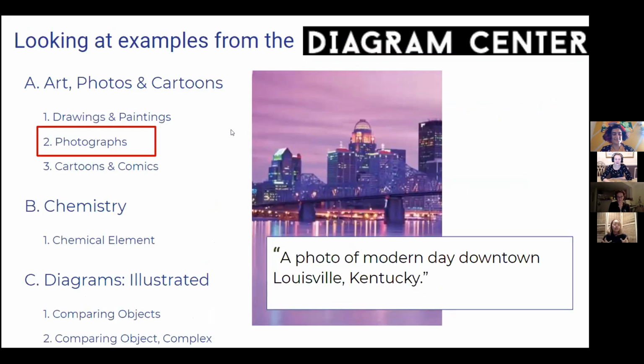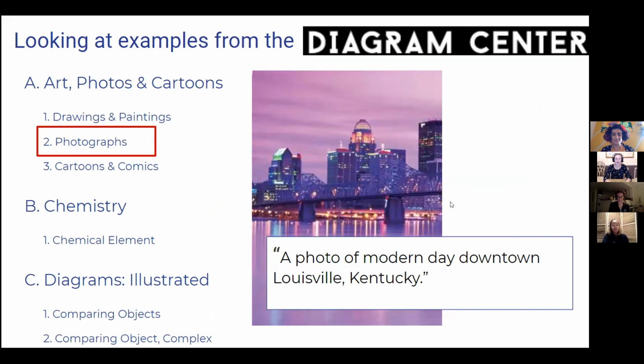Thankfully, there are a lot of examples from this resource known as the Diagram Center. We'll start by looking at examples that go from easy and straightforward to something closer to what we're doing today. So with photographs, identifiable objects, modern day downtown Louisville, Kentucky.